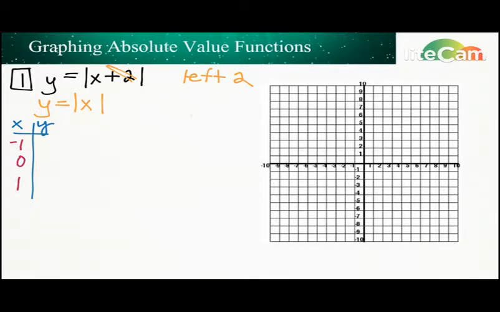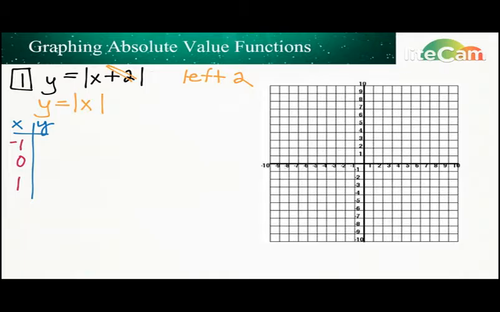The reason why I'm doing these is because, one, they're easy numbers to graph, and they're in the middle of the coordinate plane, and what I want to do is graph what's in the middle and then shift everything left 2. So there's no reason for me to graph every single number. Since I took out the 2 and I know that I'm going to graph everything left 2, I can simply just do the center of the graph at this point.